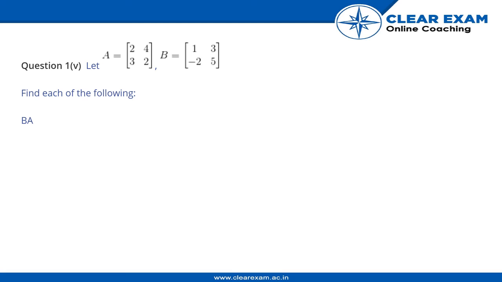Okay, now moving to the next part. We have the fifth part, that is, we have two matrices. A is this one and B is this one. Now we find BA. The thing to remember in this question is that they are not asking us to find AB. They are saying we have to find BA.